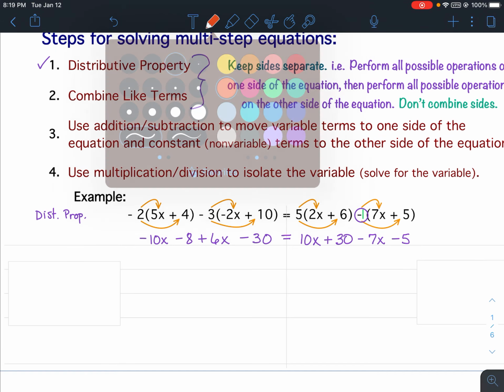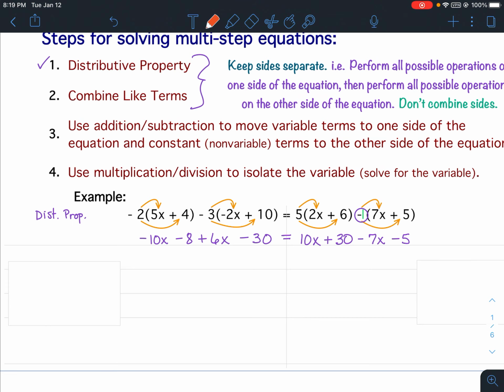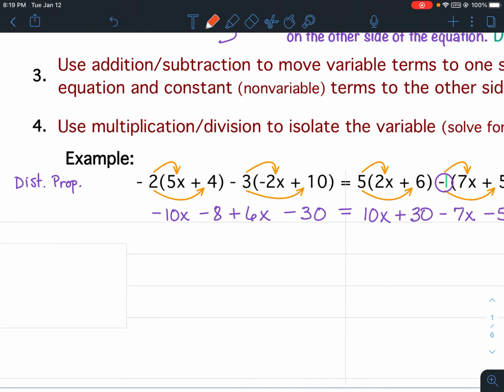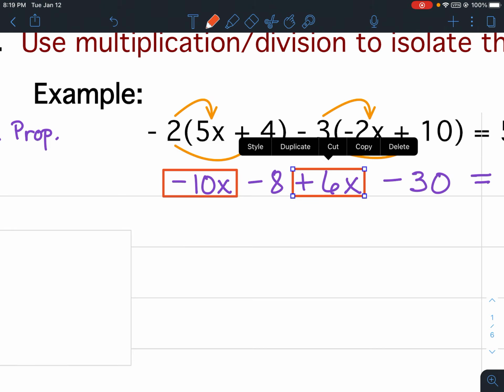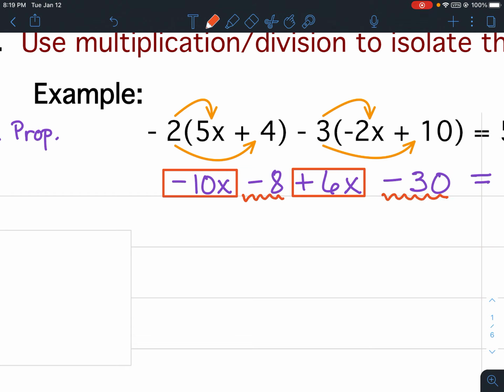Step 2 is to combine like terms. Now again, keep the sides separate. In other words, I'm going to ignore the other side. So I'm going to box the x term here, box this x term here. I'm going to put squiggly lines under the constant terms here. So negative 10x plus 6 would give me negative 4x.